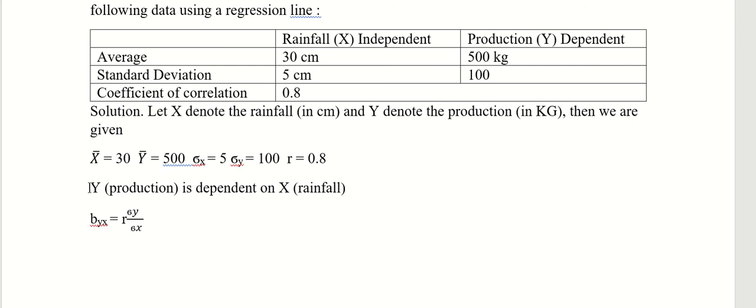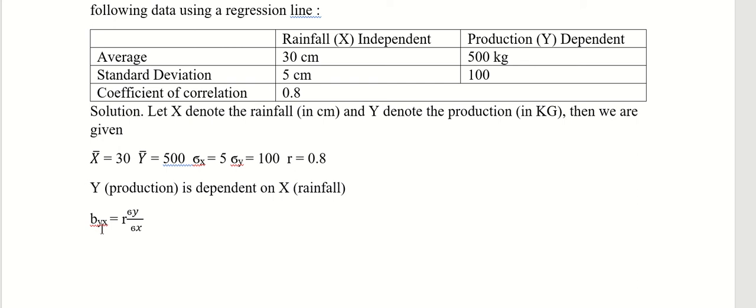But in certain cases, when it is not clear which variable is independent and which is dependent, you can calculate both. Okay, so here I am calculating beta y on x.